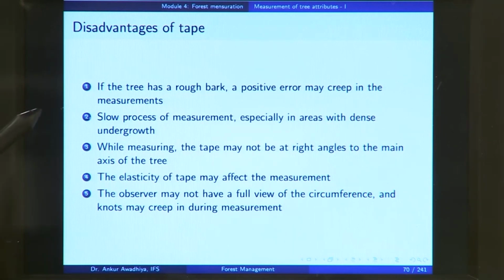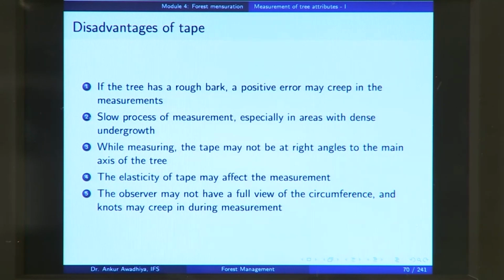Another disadvantage is that while measuring, the tape may not be at right angles to the main axis of the tree. Now, this is much more prominent in the case of a tape as compared to the calipers, because when you are taking readings with the calipers, both the arms are within your sight. So, you can very easily cross check whether your 2 points are perpendicular to the axis of the tree or not.